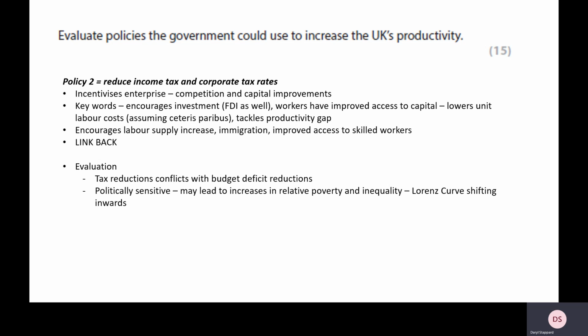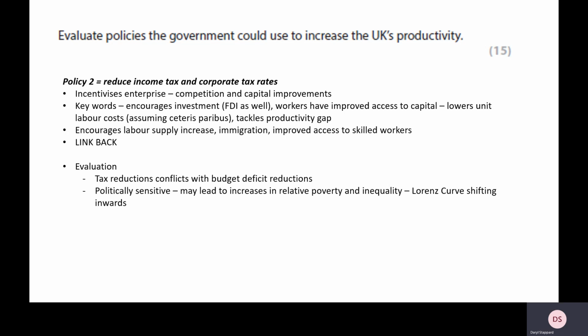Policy two, I went for reducing corporate and income tax rates. Again, I had a detailed chain of analysis, how it could tackle productivity gaps in the UK. I then had a clear link back to how it would increase productivity. And then the evaluation, the one that I would go for, would be the politically sensitive one.